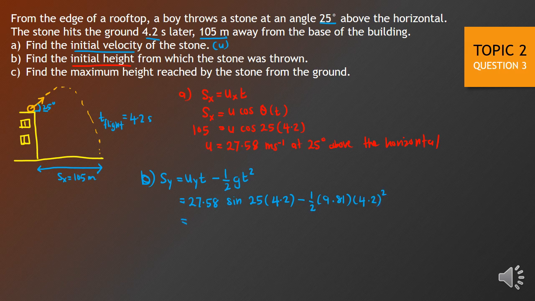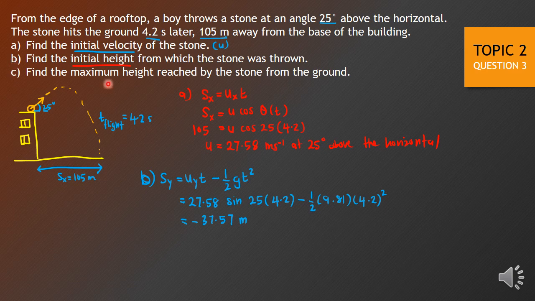So here we will have a value of negative 37.57 meter. Okay, so the negative sign is there because the final point of the stone is lower than the initial point of the stone. But the question asks us about the height.